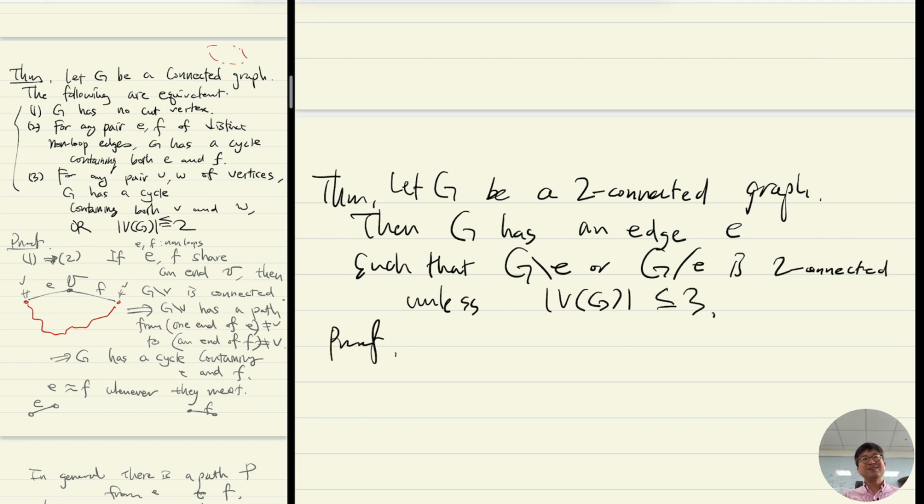So this is another useful theorem for inductions, because whenever you have a two connected graph, I can reduce it to a smaller two connected graph and then apply the induction hypothesis and recover the theorem. So why is this true?